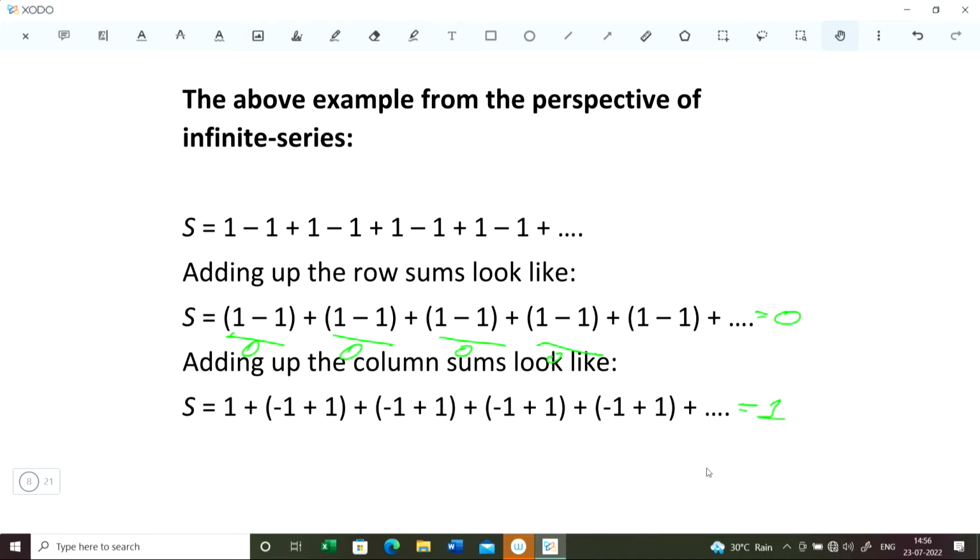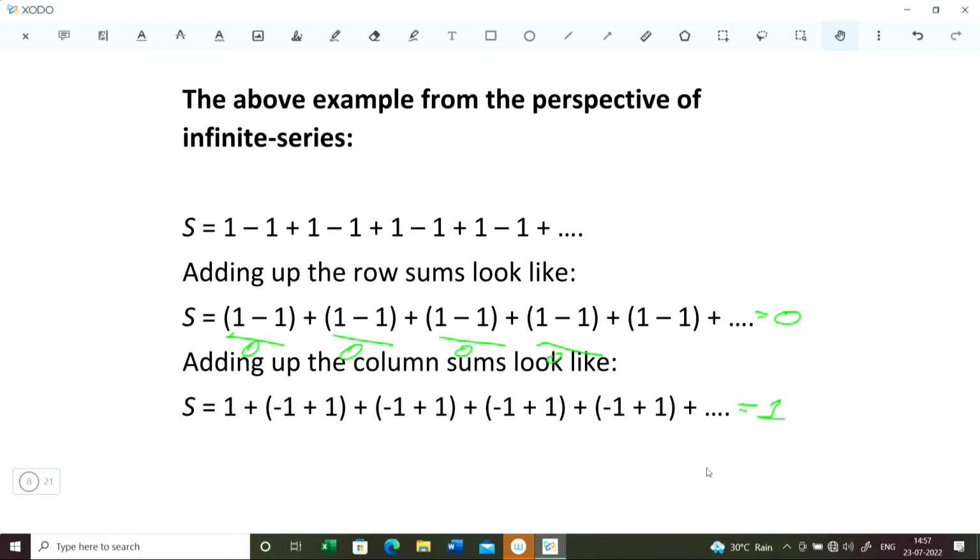We are pairing into brackets as 1 minus 1. We arrive at a conclusion that the sum of these groups is 0. And we say that it is actually ending with -1, so at last 1 minus 1 gives 0.